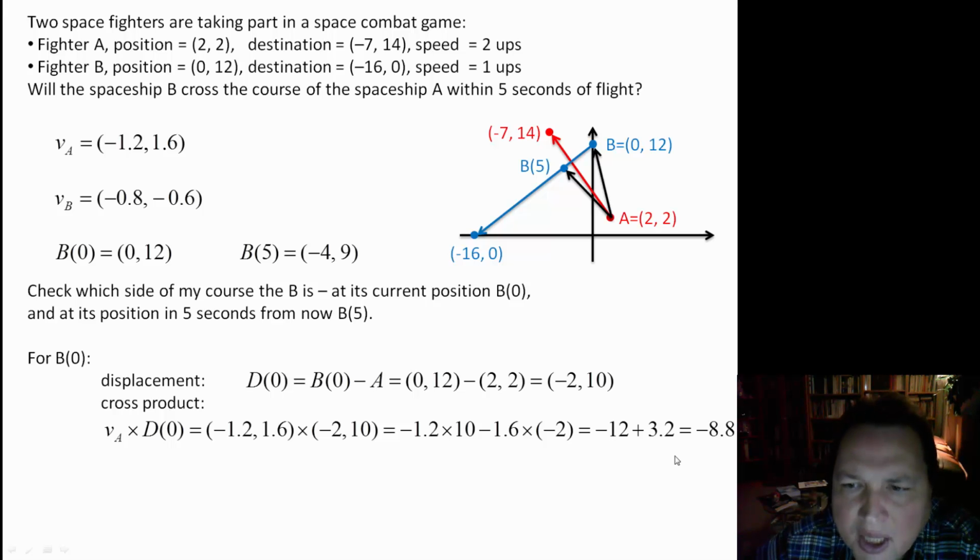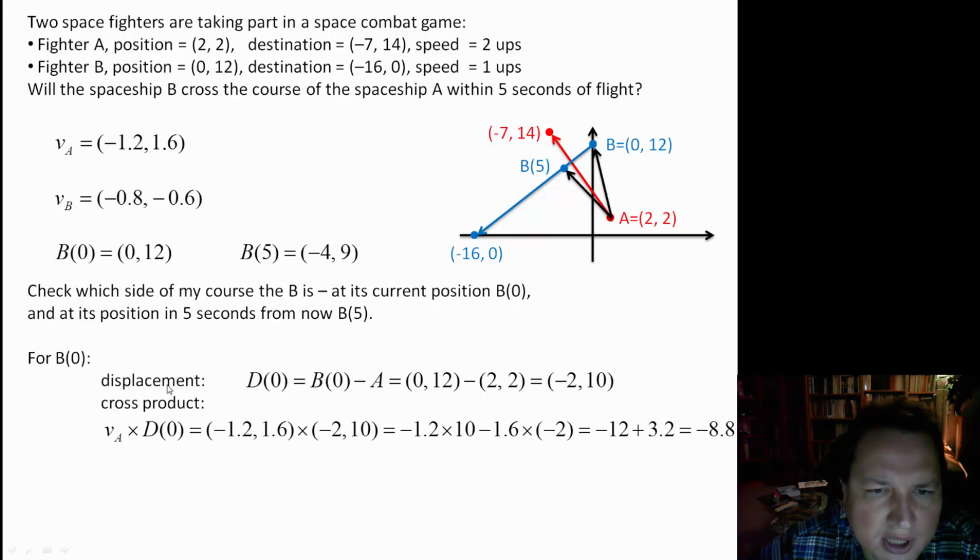It's a negative number. It's not that important that it's a negative number. We will rather compare the signs at the end of this exercise. But actually, in this case, the negative number means that the initial position of fighter B is on the right-hand side of the course of fighter A.